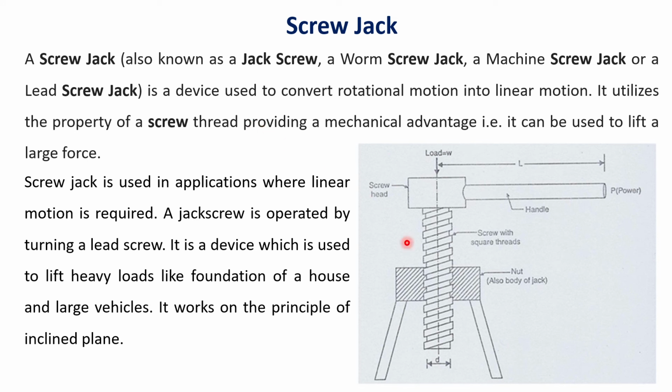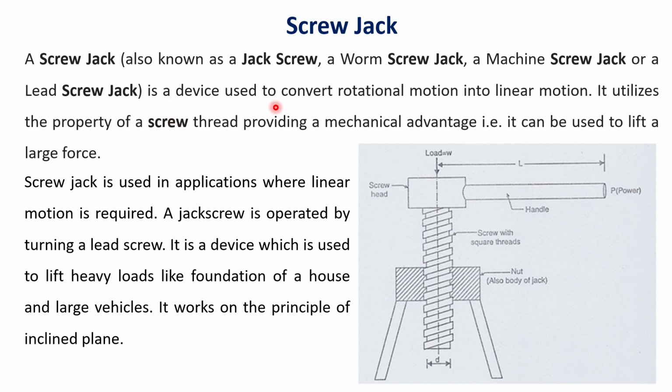So coming to the details of the screw jack, as all of you must have seen practically, let us see what the details are. A screw jack, also known as a jack screw, a worm screw jack, a machine screw jack, or a lead screw jack. These are the different names given to this simple and beautiful device.